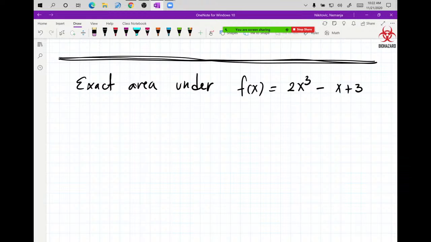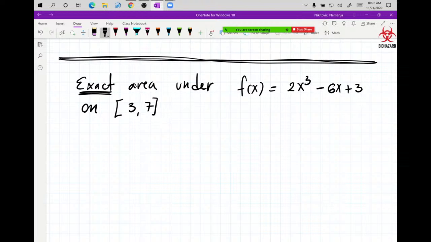So I have this 2x cubed minus 6x plus 3, and let's put that on some interval, let's say 3 to 7. It doesn't really matter what you pick. You can pick any interval. All right. So what is the area under the curve? But exact area under the curve, not approximated one.